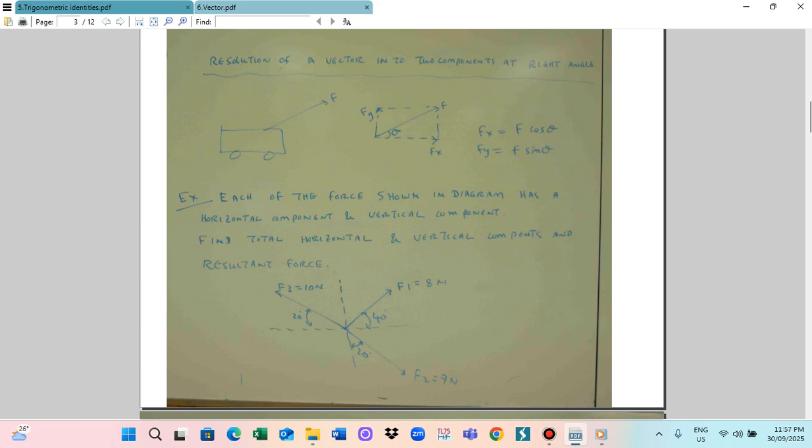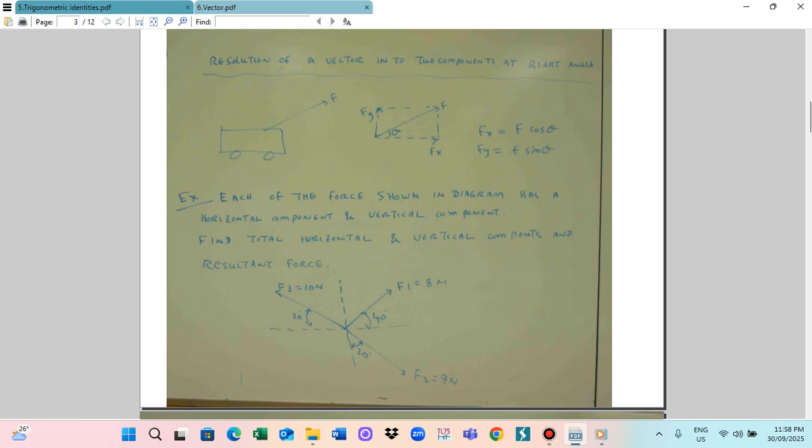Okay, this problem is for forces at one point. So there are three forces. F1 is 8 Newton, and the angle between the horizontal and F1 is 40 degrees. F2 is 7 Newton, and the angle between the vertical and F2 is 20 degrees. F3 is 10 Newton, and the angle between the horizontal and F3 is 20 degrees.